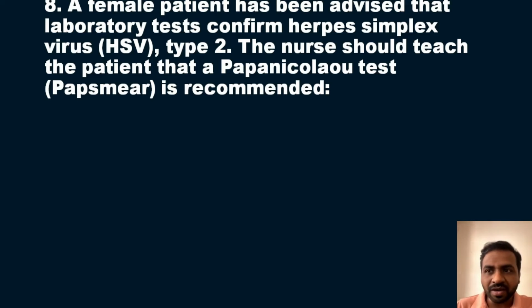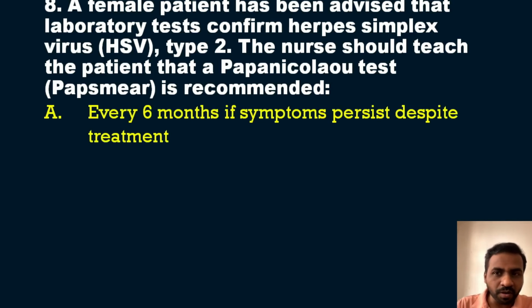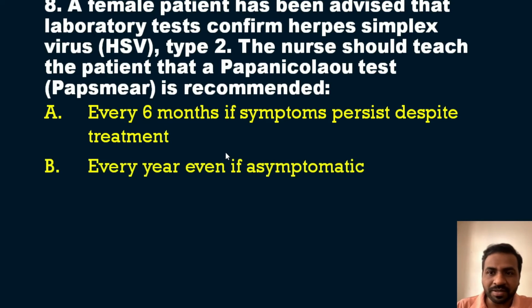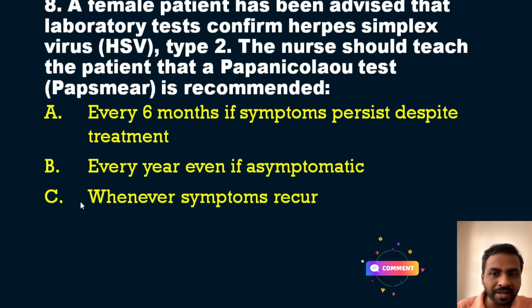So the question here is how frequently the test is recommended for a patient already diagnosed with herpes simplex virus type 2 infection. The options are: option A, every 6 months if symptoms persist despite treatment. Option B, every year even if asymptomatic. Option C, whenever symptoms recur.